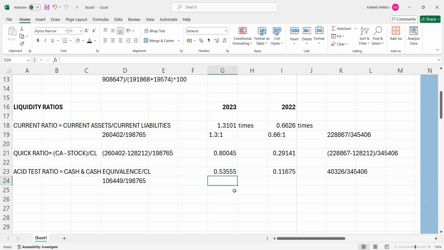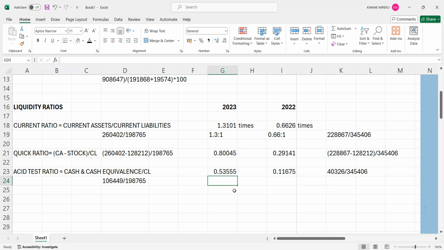So in 2023, we could meet basically half of our liabilities using our cash. If it becomes critical, we are supposed to clear all our short-term debts with the cash available.